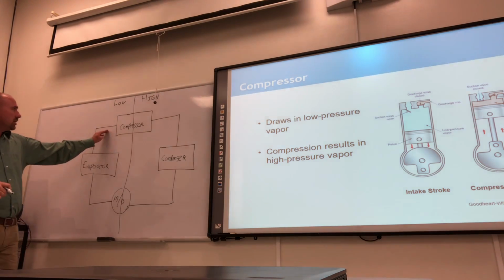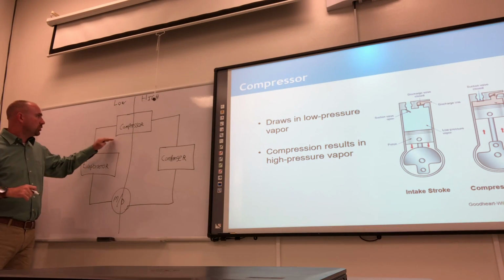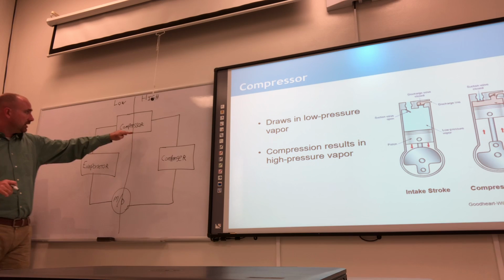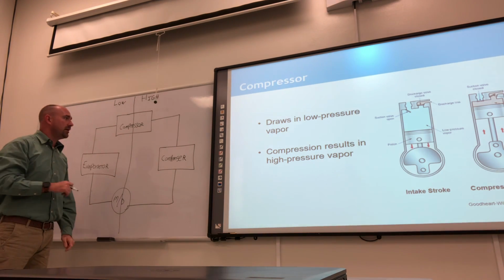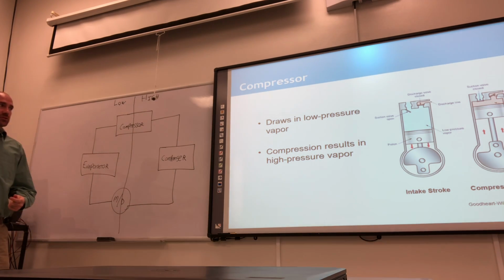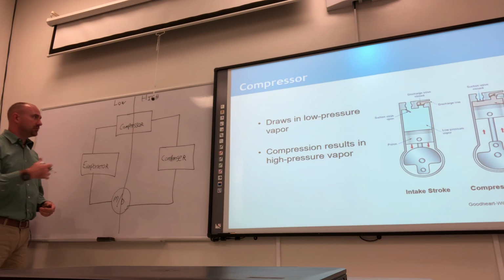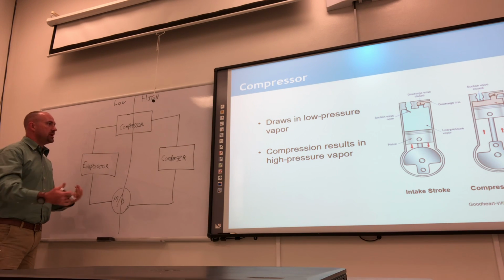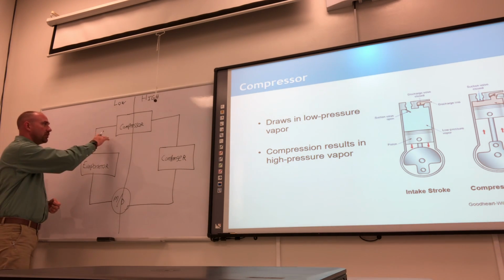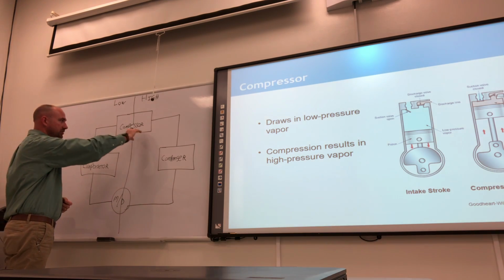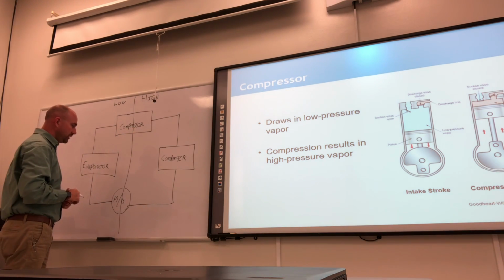The compressor is going to draw in a low pressure vapor, and it's going to expel a very high pressure, high temperature, superheated vapor in that process. That's the only job of the compressor, to create a pressure difference. So it's going to draw in at a low pressure and produce a high pressure from it.